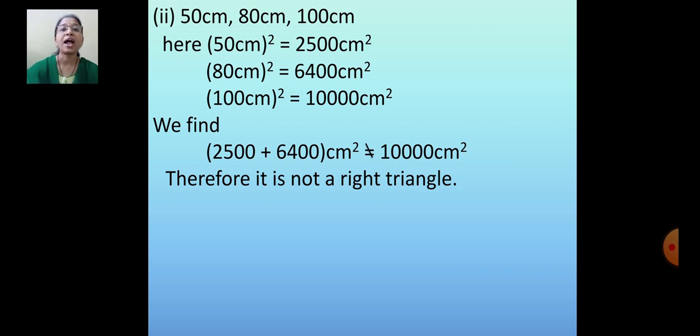When we add the squares of the two smaller lengths, we find that their sum is not equal to the square of the bigger side. That means it does not satisfy our converse of Pythagoras theorem. Therefore we can say it is not a right angle triangle.